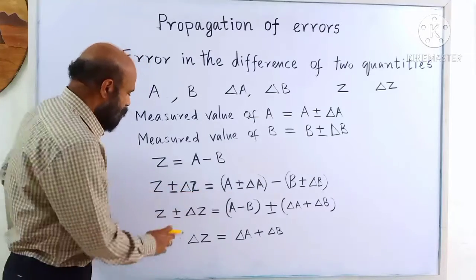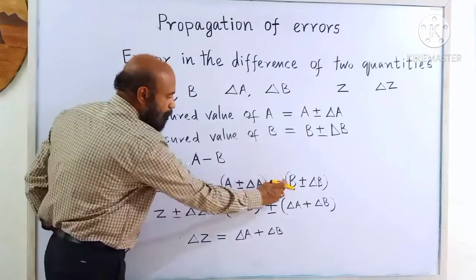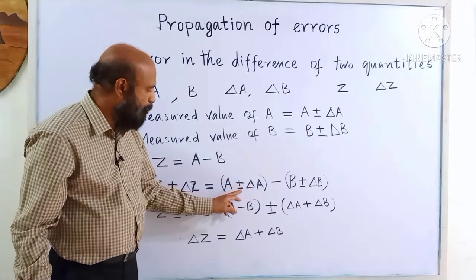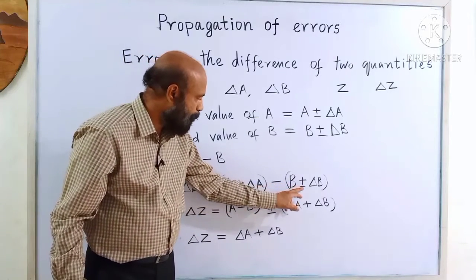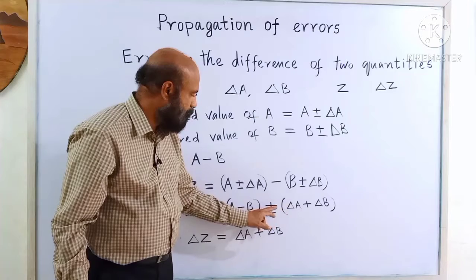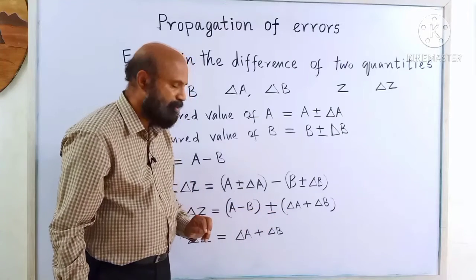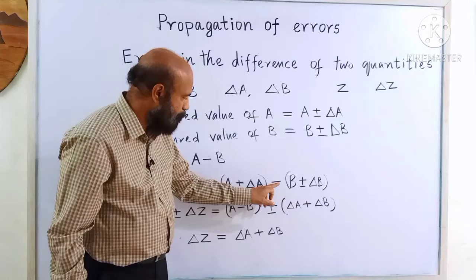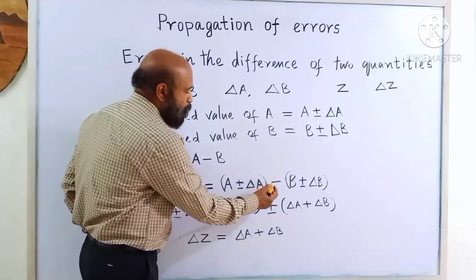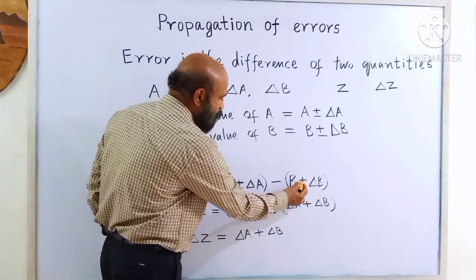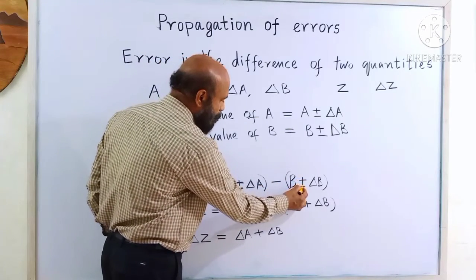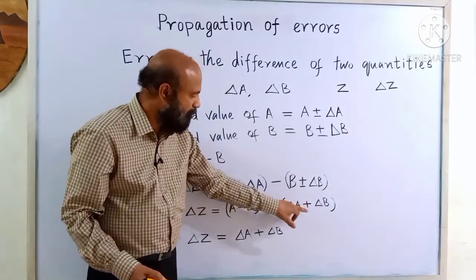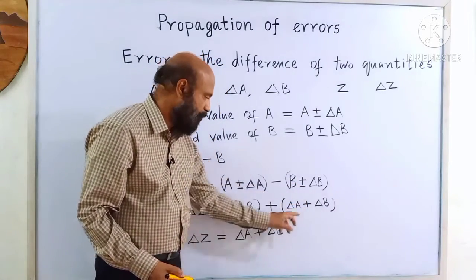A minus B, here you can see plus or minus, here also you can see plus or minus, so that can be taken outside. Here there is a chance of confusion because outside it is negative. When you take this inside, this plus will become minus, this minus will become plus. So you can take a plus or minus outside, after that inside it will be plus.